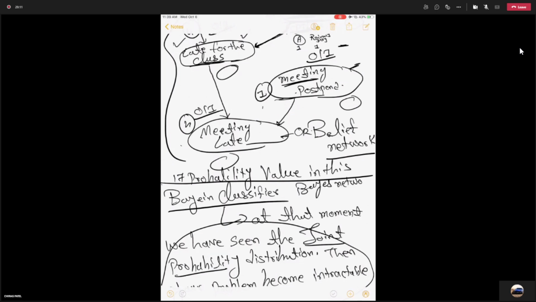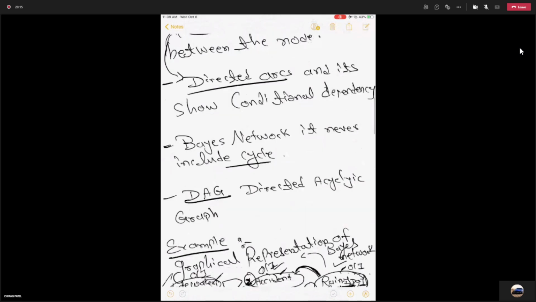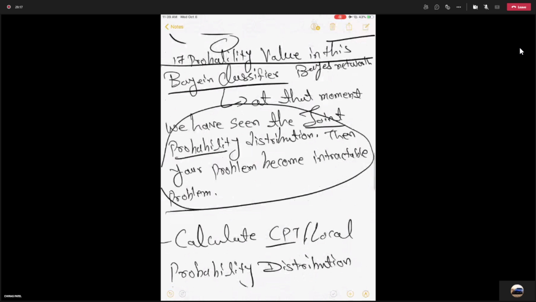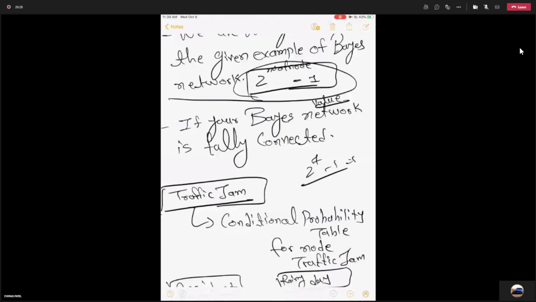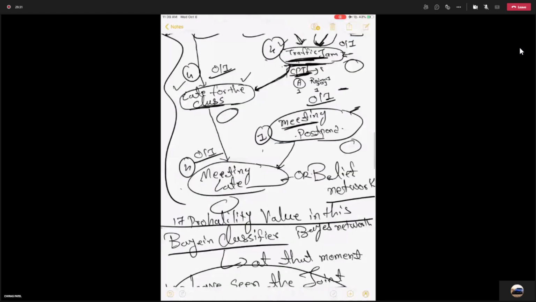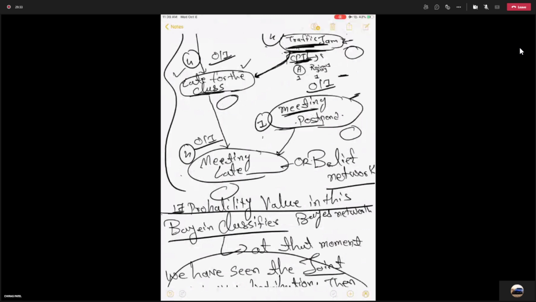Before that, I told you that where I have written 2 raised to n, this is exactly the number of values we need to find. Here the number of nodes is 7, so 2 raised to 7 minus 1 is almost 126, and we are just calculating 17 values. Is there any serious reason why I'm calculating so few values?